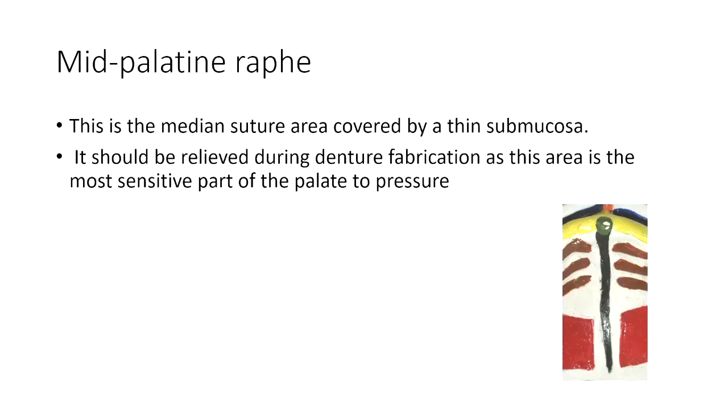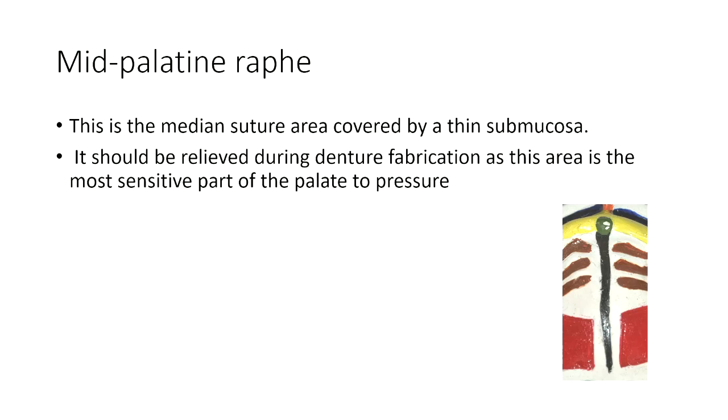Now coming to the mid-palatine raphe, that is another relief area in the maxilla, and this is a suture. As we saw, the maxilla in the anterior part is made of two halves, two maxillary bones that are fused across the sagittal plane.